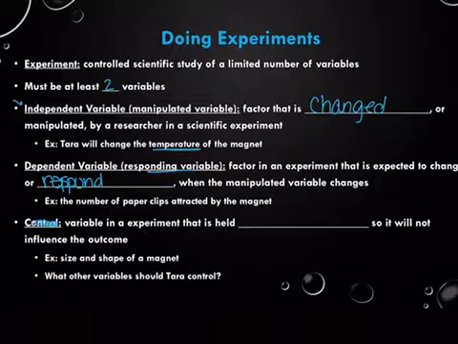Let's change this to a constant. Oh my goodness, if I can spell it. So a constant is a variable in the experiment that is held the same, so it will not influence the outcome.